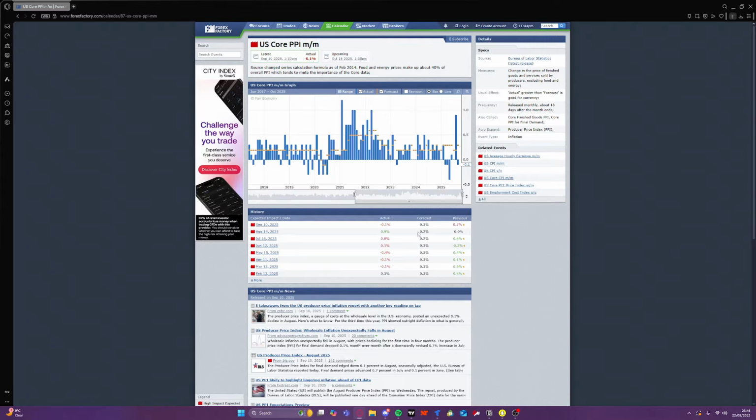As you can see, the forecast is usually wrong, but it's a good indication for what the bias is going to be, as you can see from the chart. It's never usually wrong at all. But so 0.7, 0.3, we're bullish, right? Because the forecast is less inflation than what the previous was.